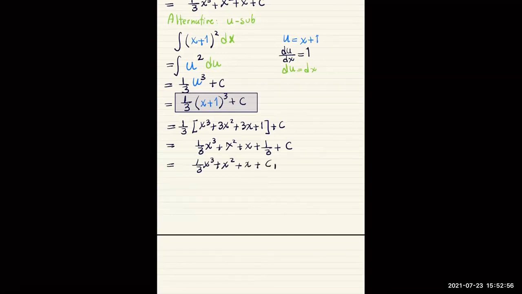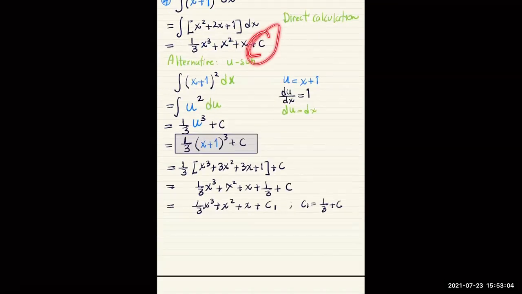Plus, call it C1, where here C1 is 1/3 plus C. Okay, these constants, guys, are not the same constant. It's just a constant. We don't know what it is. It could be anything. But we know that if I combine a constant with a constant, I get a constant. You could still call it C if you want. Now the answers do match, don't they?